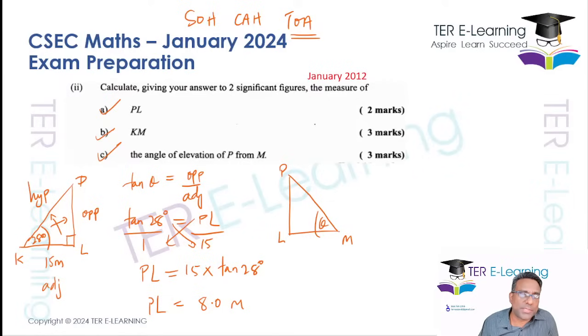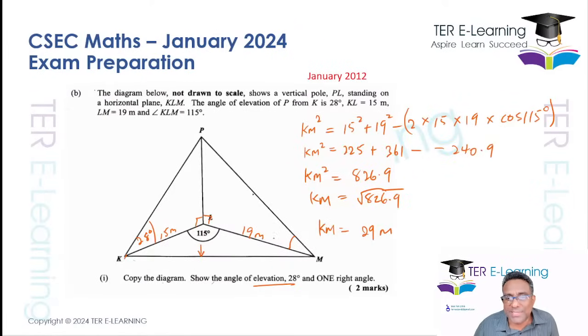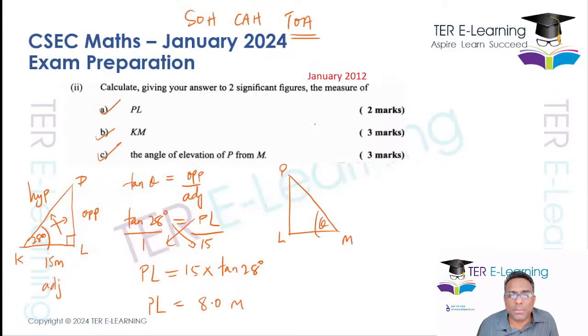Let's see what lengths we have here. This is 19, and the height of the pole was 8. So this here is 19, and this is 8 here. This is a right angle triangle, so again we're going to use tan. Tan theta is equal to opposite over adjacent, which in this case is 8 over 19.